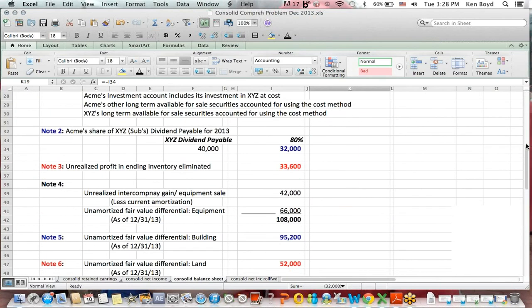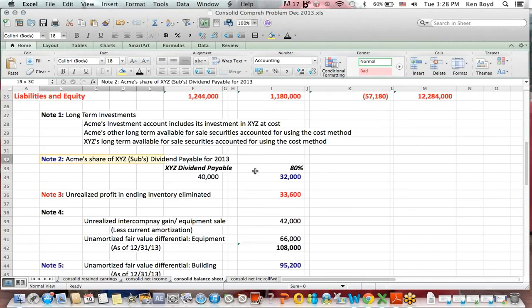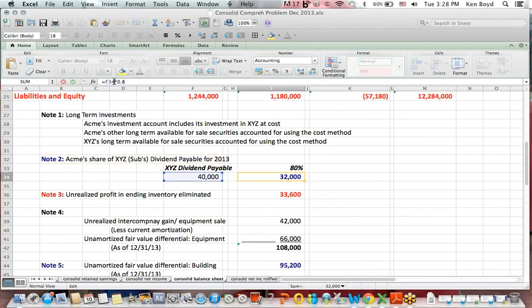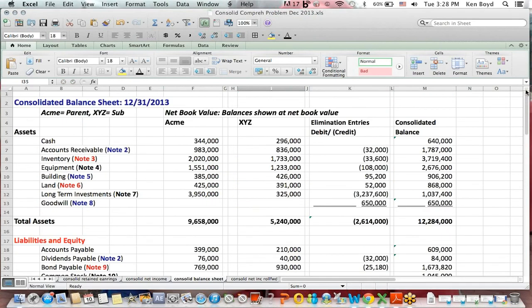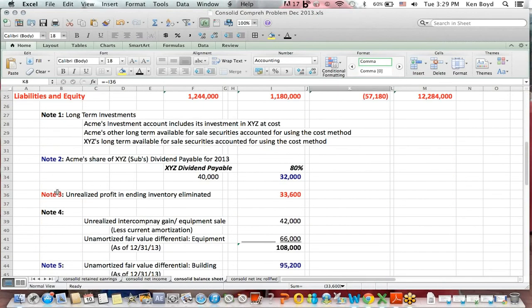And if I go down to footnote 2, I see that that's Acme's share, the parent, of the sub's dividend payable. 80% of XYZ's dividend payable is eliminated in the amount of $32,000. Note 3, the inventory item, we're subtracting out $33,600.